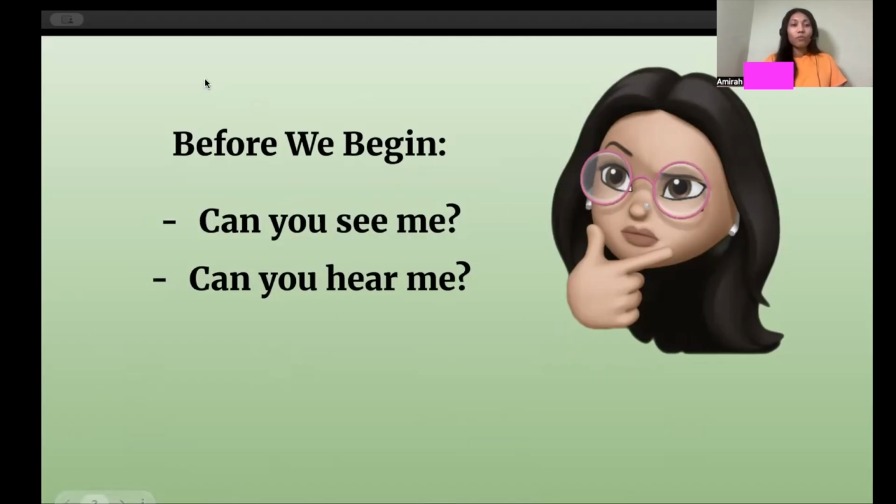So, of course, before we begin, you always want to know if the person can see you and if they can hear you. So you can say, before we begin, can you see me? And again, me using my hands like this is not rude, but it's called TPR, total physical response. So that way you're introducing physical action into your conversations.